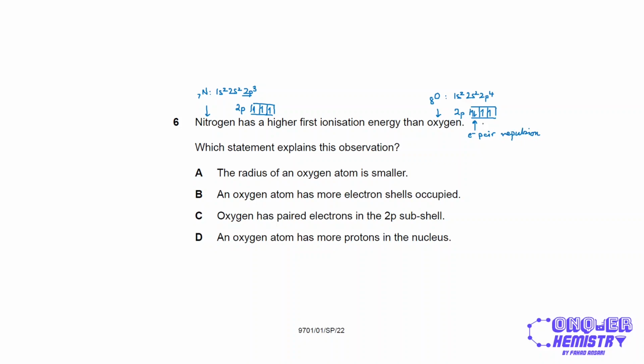This is because we have 2 electrons repelling each other in the same orbital. Despite the fact that you have opposite spins, you still have spin pair repulsion. Because of this, the electrons already have a high amount of energy, so to remove an electron from this orbital, you need a lower first ionization energy. So in this case, option C, oxygen has paired electrons in the 2p subshell. This will be correct.